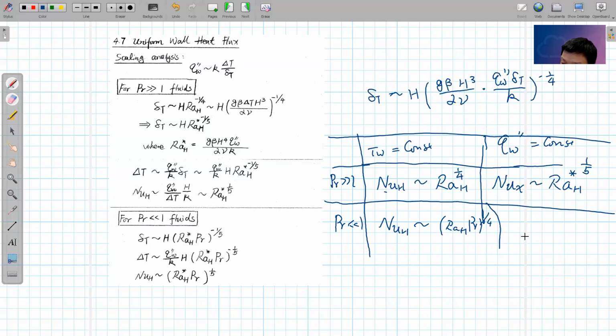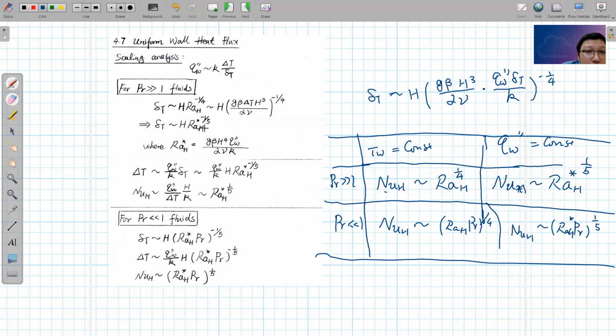But now, in this case, the Nusselt number H will be equal to Ra times Prandtl number to the 1 over 5, star H. Okay. But the basic idea is that after you do the scaling analysis, we find that the change is this power term changing from 1 over 4 to 1 over 5 if you redefine this Rayleigh number.